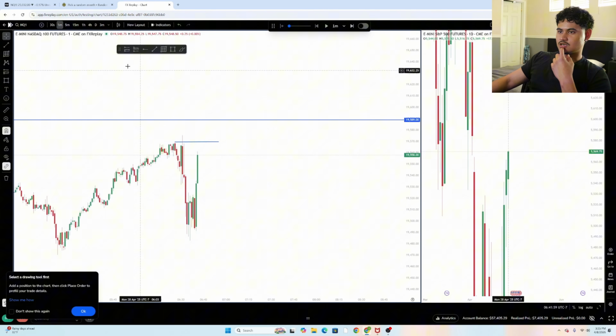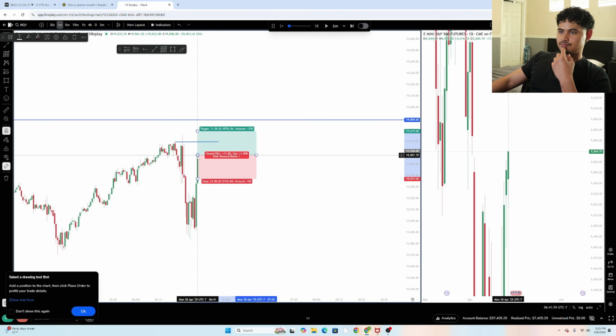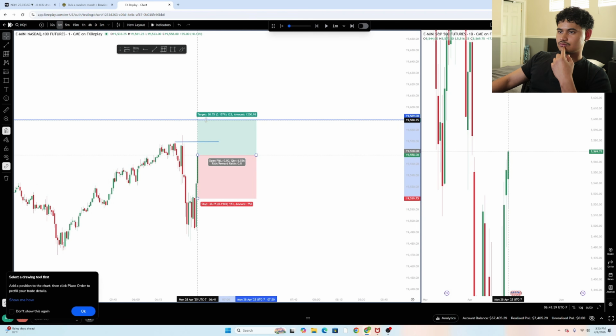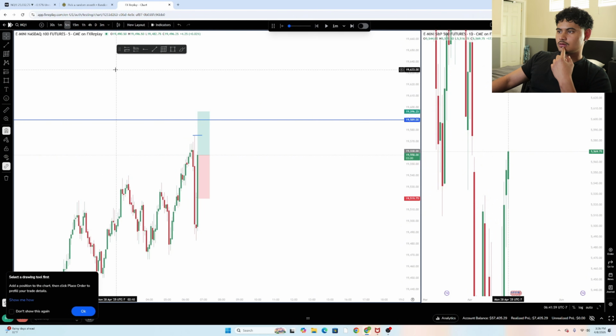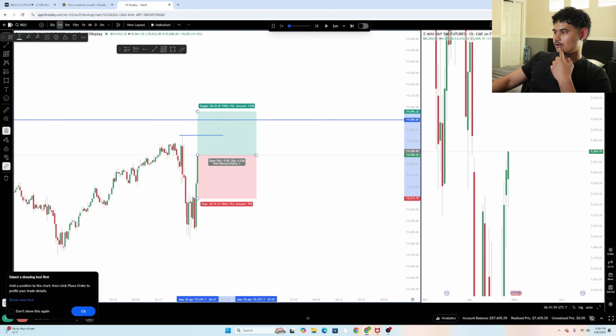This is a nice displacement up. Break even point right here.